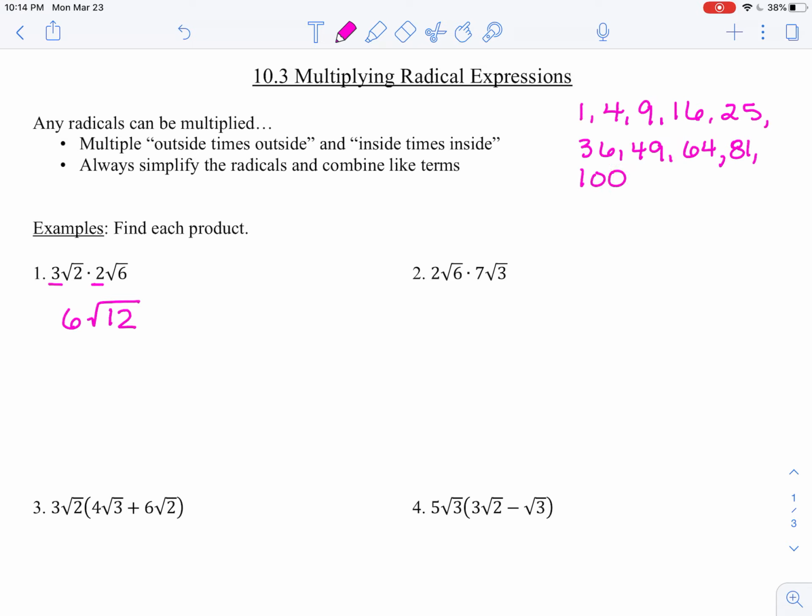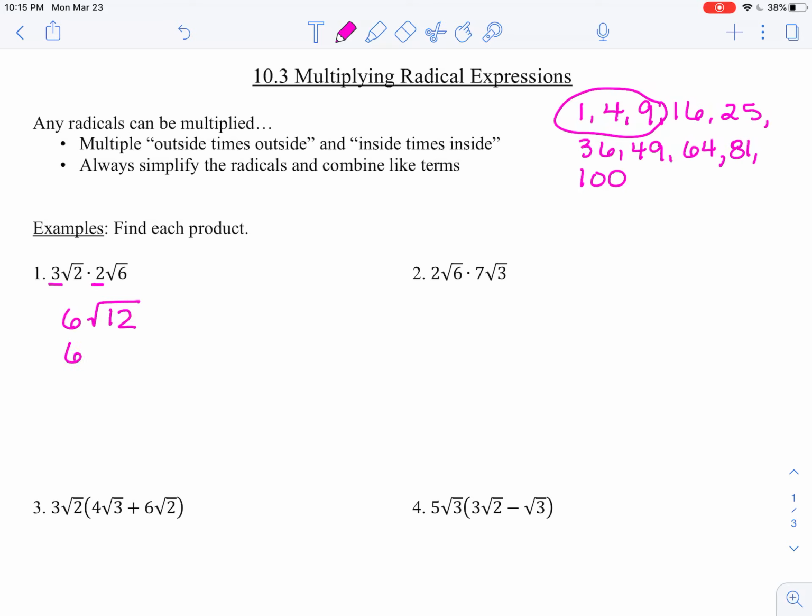This time I'm going to just do the list through 10 squared. So if I'm trying to find a perfect square number that goes into 12, I look at the perfect squares less than 12. So those are 1, 4, and 9. And I find the biggest one that goes into 12. So here, that would be the 4.